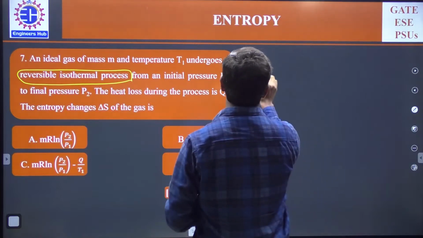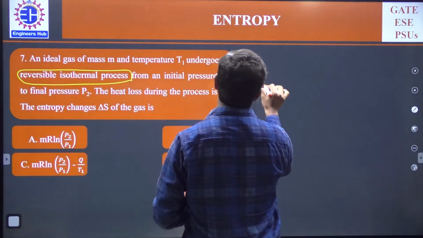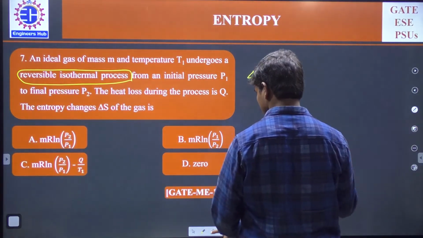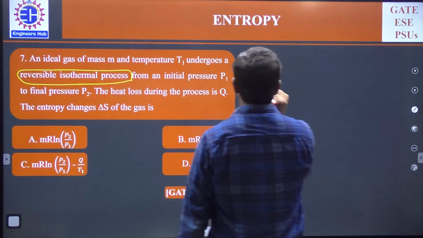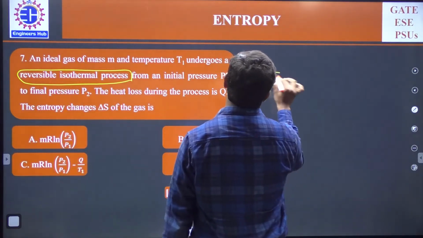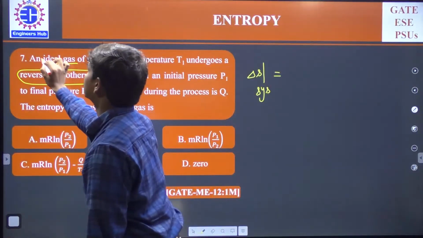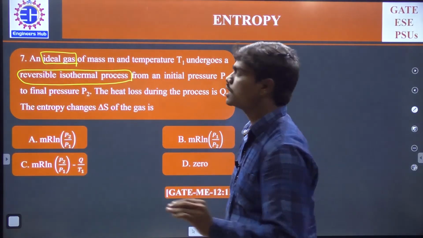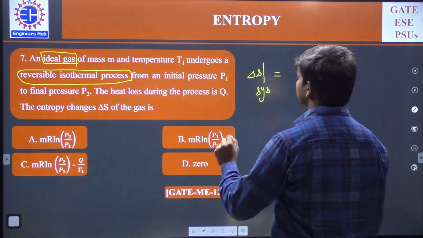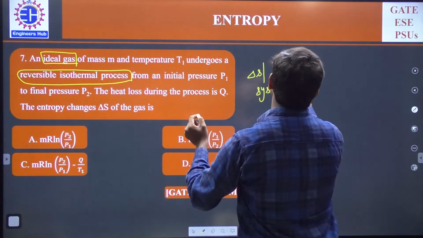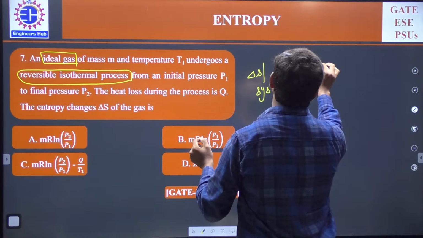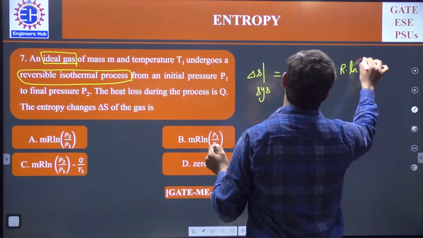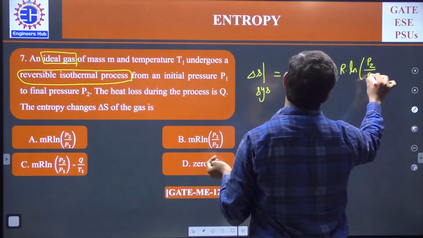So see here, we have the formula for delta S of the system. It's given as an ideal gas, so if we assume constant specific heats, then delta S of the system is given as Cp into ln T2 by T1 minus R ln P2 by P1. Correct?